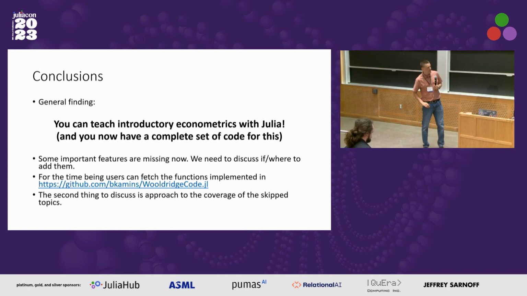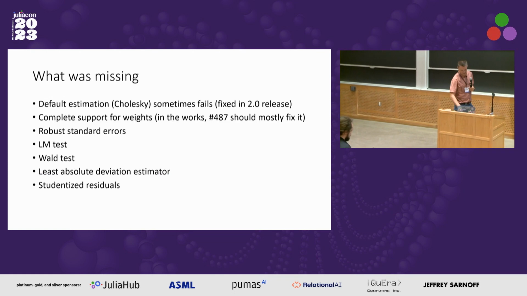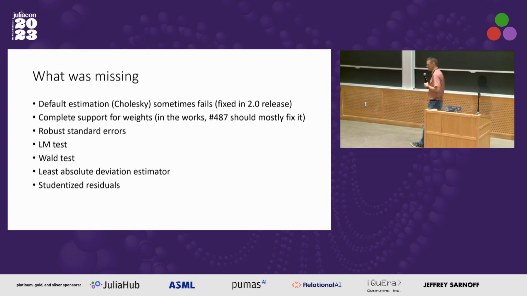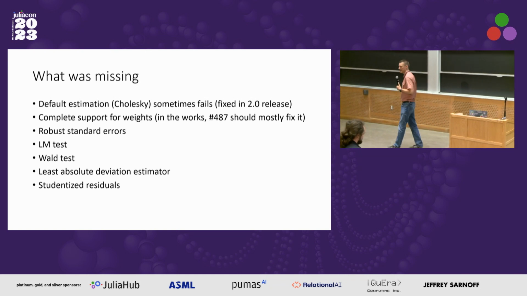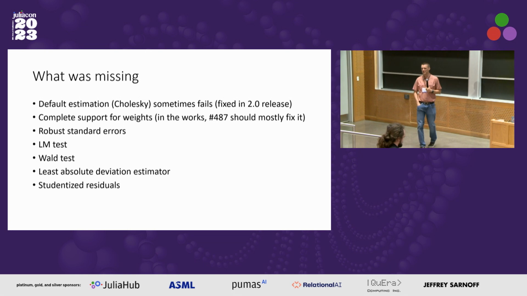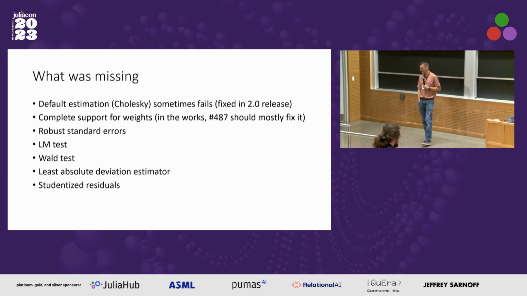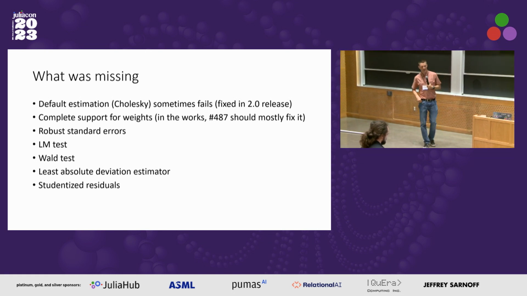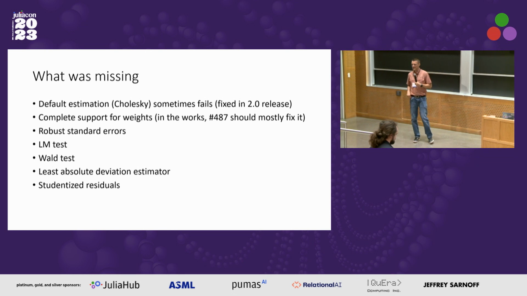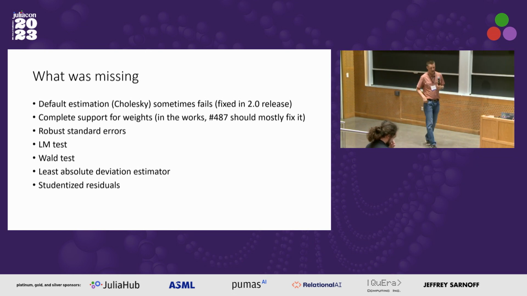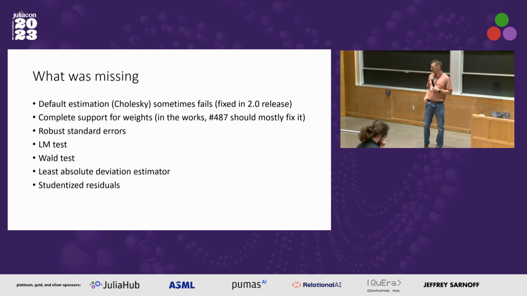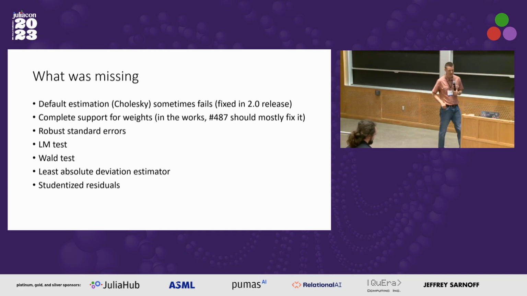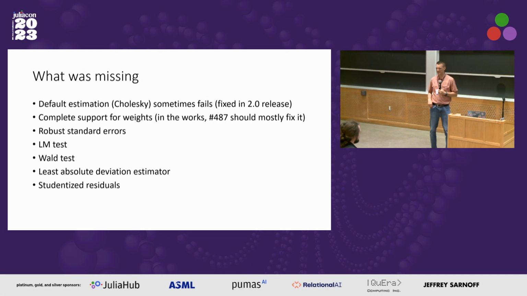And if you have comments or thoughts about which things should be added or how they should be added to GLM.jl, or in general, what should be the curation of the future development of GLM.jl, because I think it's a really important package that is the workhorse for introductory econometrics, I think it would be good to have a bit of discussion around it. So thank you very much, and I hope someone will find this repository useful.